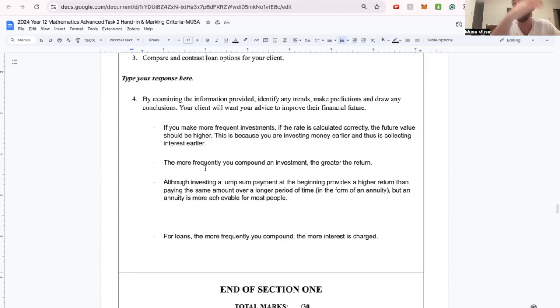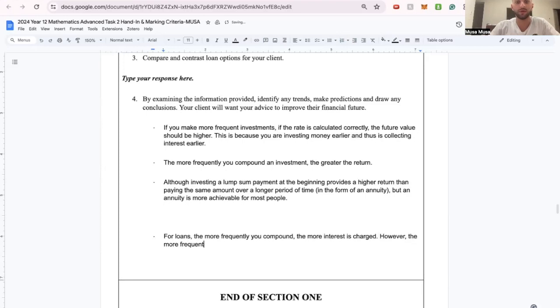But maybe if every year you put away $10,000, that's a bit more reasonable, right? For loans, the more frequently you compound, the more interest is charged. We can also say, however, the more frequently you repay, the lower the interest charged, and the earlier the loan is repaid.